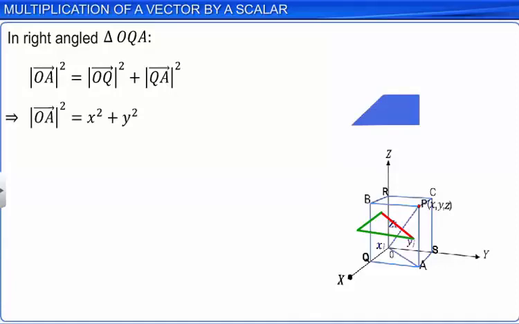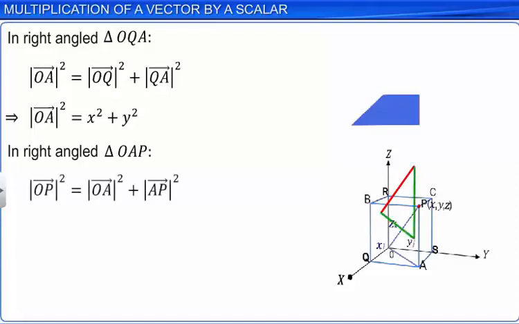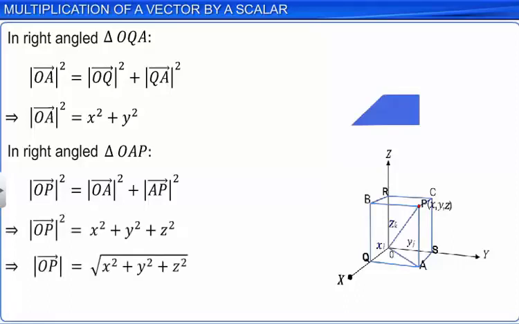In right-angled triangle OAP, the square of the length of the hypotenuse OP is equal to the sum of the squares of the lengths of sides OA and AP. Substituting the corresponding values, we get the magnitude of vector OP is equal to the square root of the sum of the squares of its scalar components x, y and z.